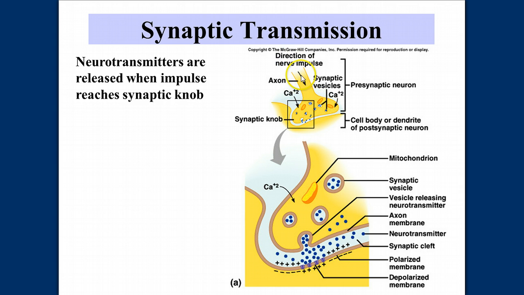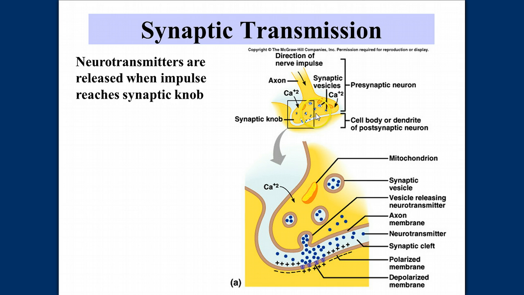As an action potential reaches the synaptic knob, calcium channels open, and the calcium rushes in, and when the calcium rushes in, it allows the synaptic vesicles to release their neurotransmitter.